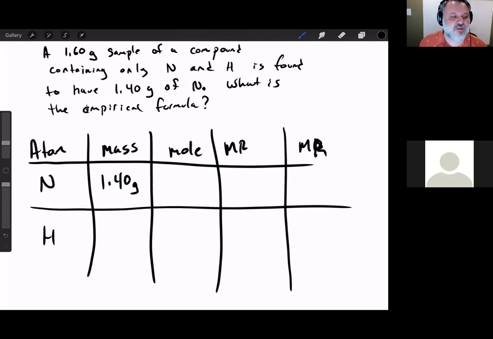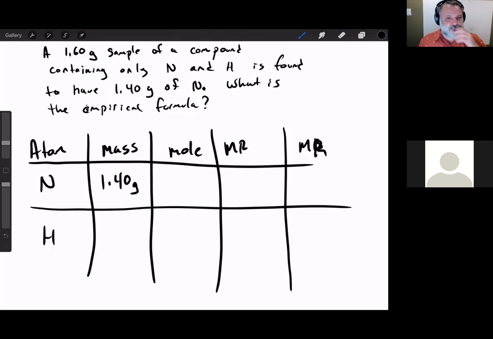This is where I really do need you to dig into the word problem and sort out what is missing. What do I give you? What do I tell you? I tell you that the total mass of the sample is 1.6 grams, exactly. And I tell you what the mass of the nitrogen is.